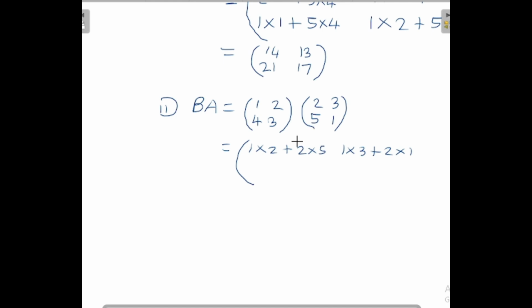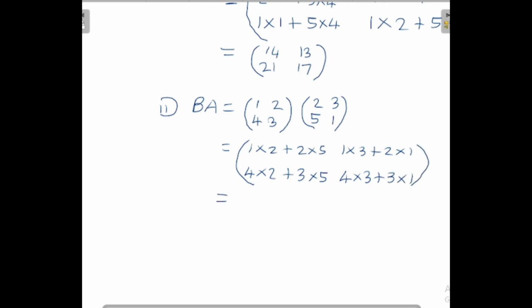Then this row, multiply this column. 4 times 2 plus 3 times this 5. Okay, this is going to be 2. It's a mistake. Let me erase it. Then we have 4 times 3 plus this 3 times 1.